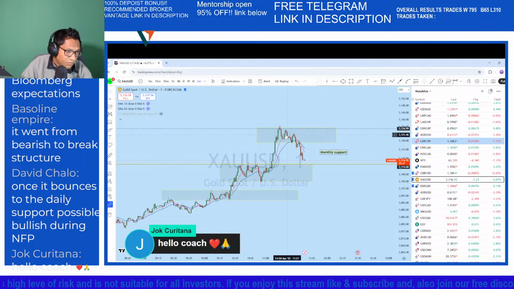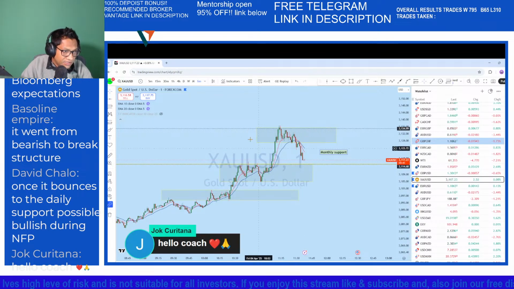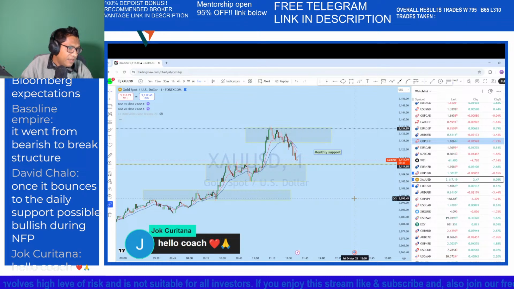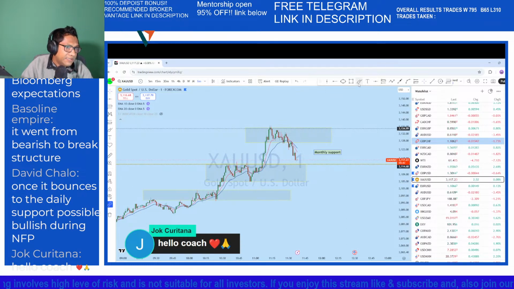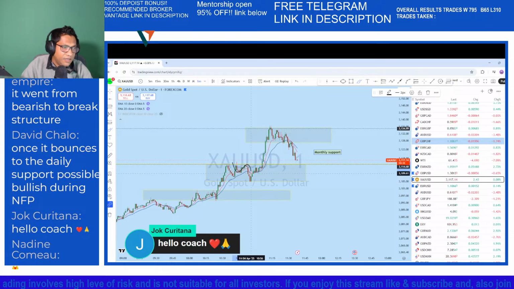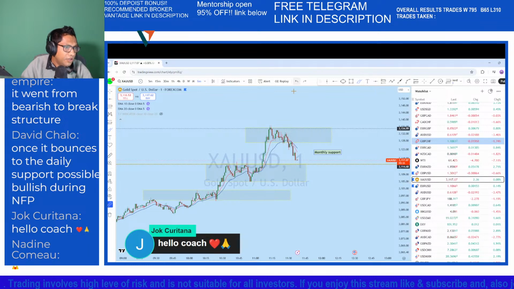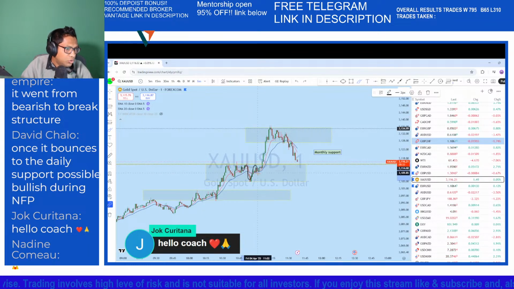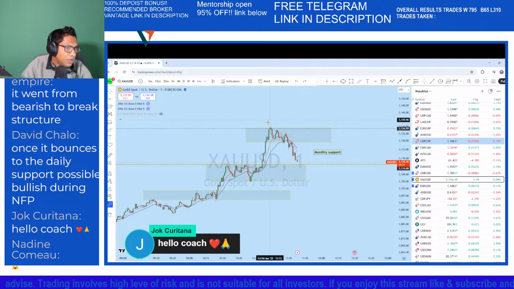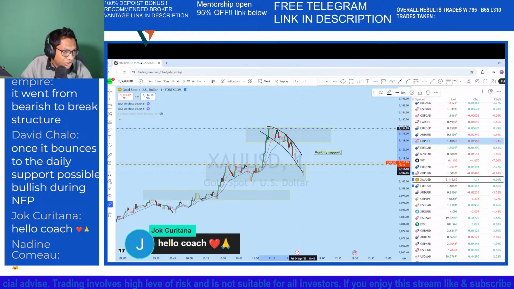So here you can see this is a structure where we have seen that inverted head and shoulder. Here we saw an inverted head and shoulder and then a strong breakout, and then there was a structure.